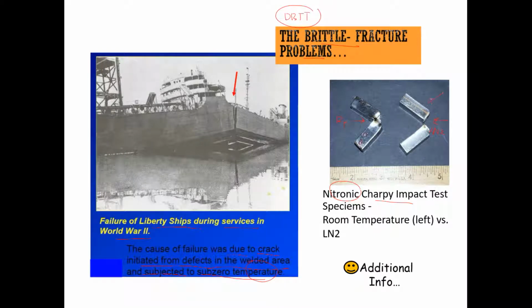What happened here, because of the lower temperature, it shows a brittle fracture. The brittle fracture means it breaks into two pieces. If you see here, this is ductile fracture. It does not break into two pieces because it has very high plastic deformation.